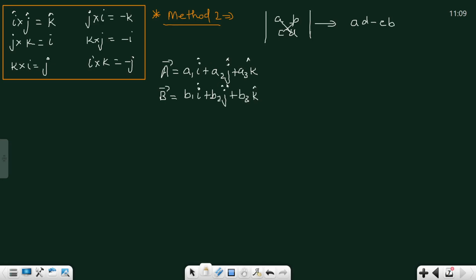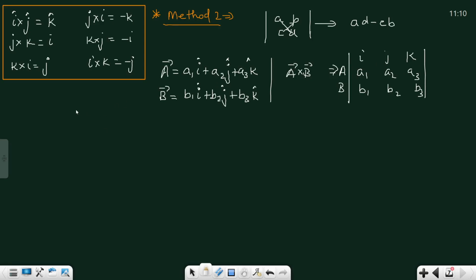When you have to find A cross B, you just need to write the vectors in this form. This is the determinant with i, j, k. First you write A, and next you write B. The components of A are A1, A2 and A3. The components of B are B1, B2 and B3. We will calculate i, j, k one by one.